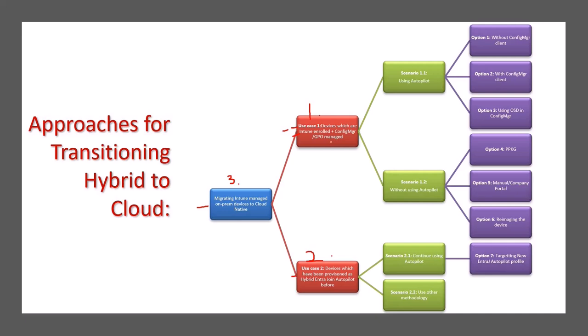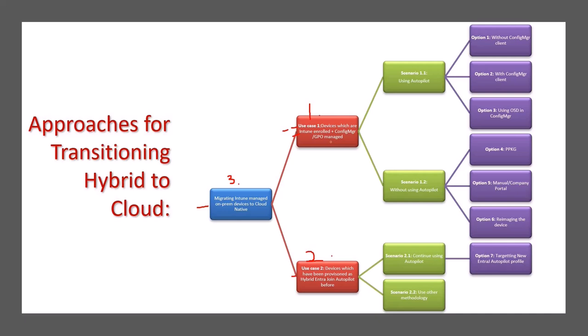Okay, so what you did was the SCCM client was deployed to the device, then you got your device hybrid Azure AD joined, and then you enabled co-management in the device. When you enabled co-management, the device got enrolled to Intune.